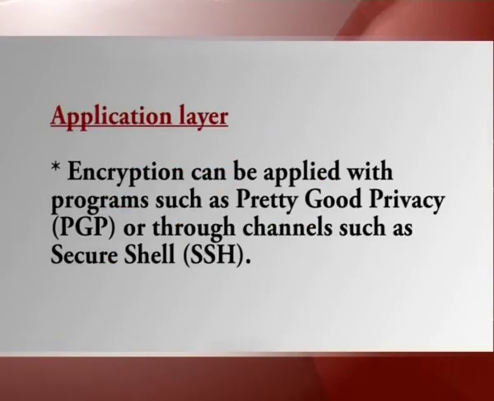At the application layer, encryption can be applied with programs such as Pretty Good Privacy, that is PGP, or through channels such as Secure Shell, commonly known as SSH. In addition, remote single session programs such as PC Anywhere and multi-session programs such as Terminal Server can be used with encryption to protect remote communication.